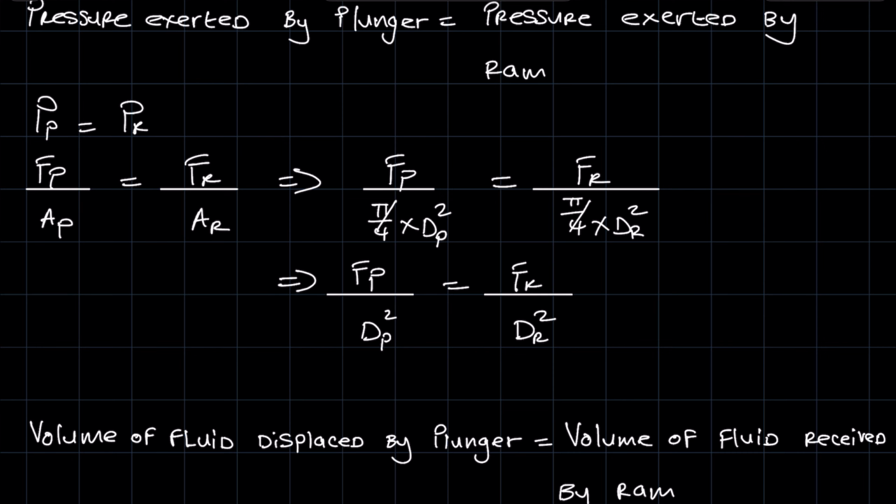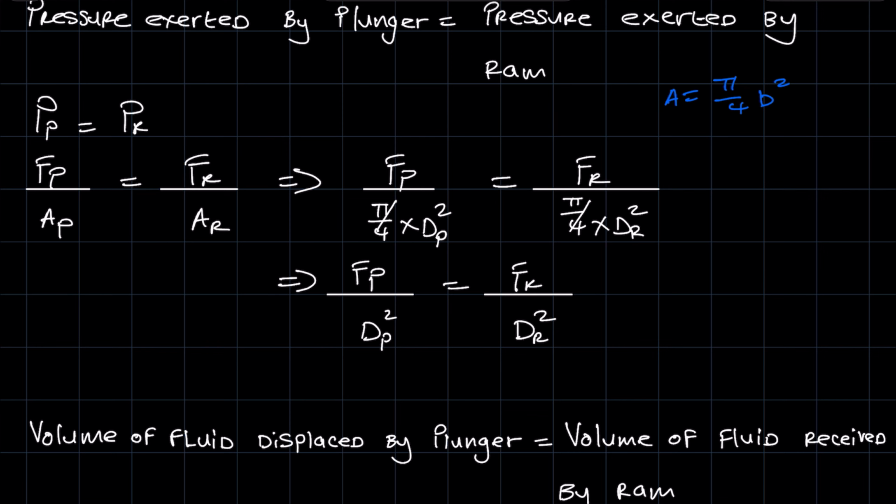So this would be the area of the plunger piston, and the area of any piston will be pi over 4 d squared. This is equal to the pressure being exerted by the ram. For the pressure being exerted by the ram, for the force we use Fr divided by the area of the ram.